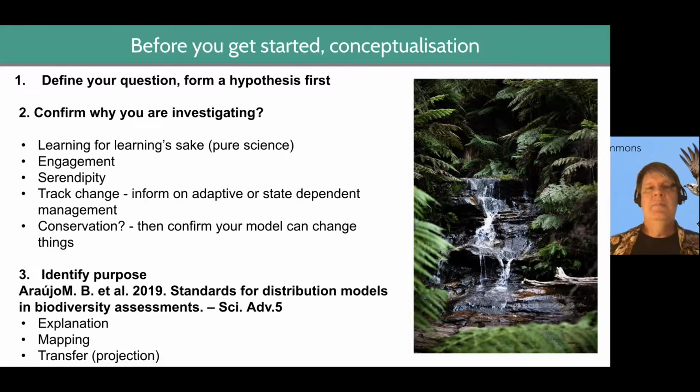But if you're doing species distribution modeling for conservation, then it's really important that you confirm that the results of your modeling exercise are going to lead to changes on the ground. They're going to change or inform conservation actions on the ground.